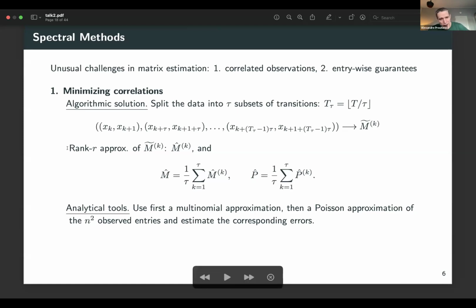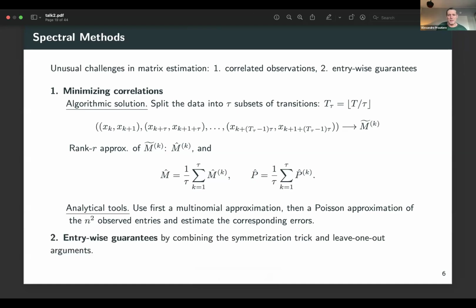You take their rank R approximation, and then you reconstruct your full estimator by just summing or averaging your obtained estimators. If you want to analyze this algorithmic solution, you will need a few approximations. What we do is a multinomial approximation of the empirical matrix, and then a Poisson approximation of the observed entries.